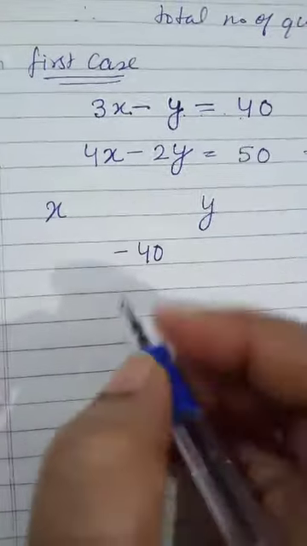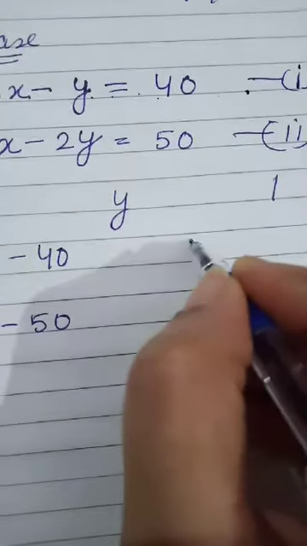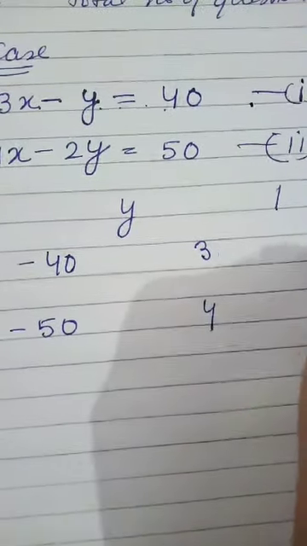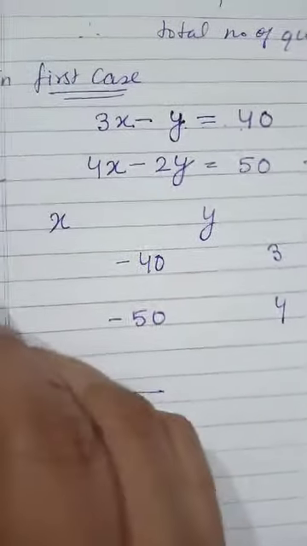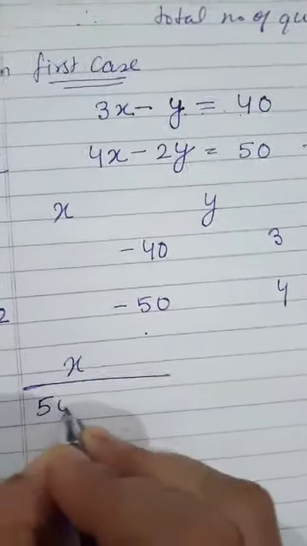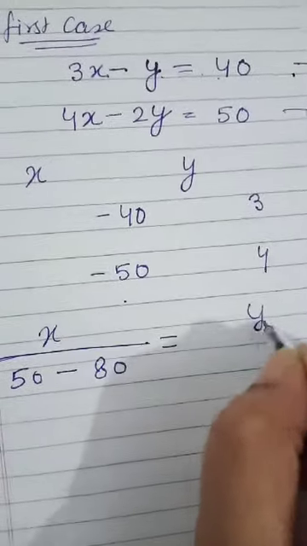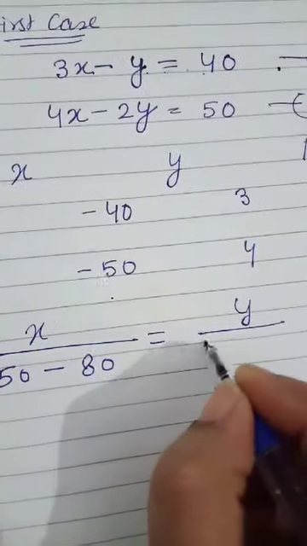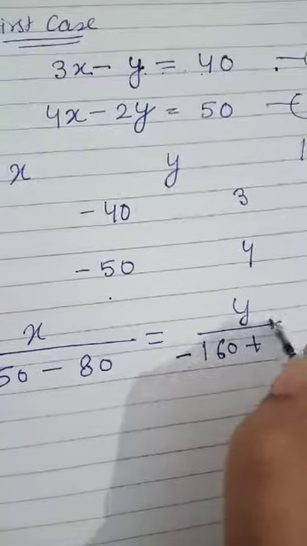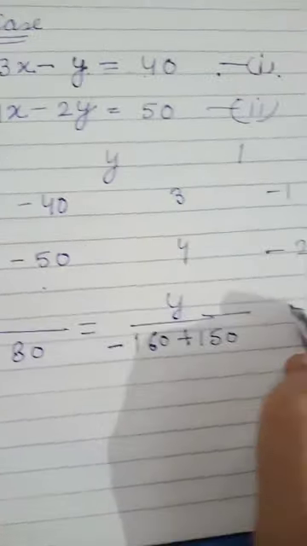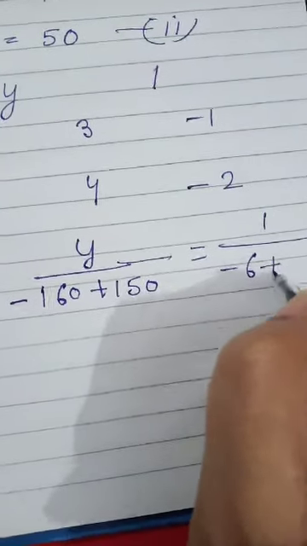Okay, so -40, -50, a1 a2, this is 3 and 4, last again -1, -2, so x upon minus minus plus 50 plus -80 is equal to y upon 4 4s are 16 -60 और minus minus plus 3 5s are 15, 150 is equal to 1 upon 3 2s are 6 plus 4.